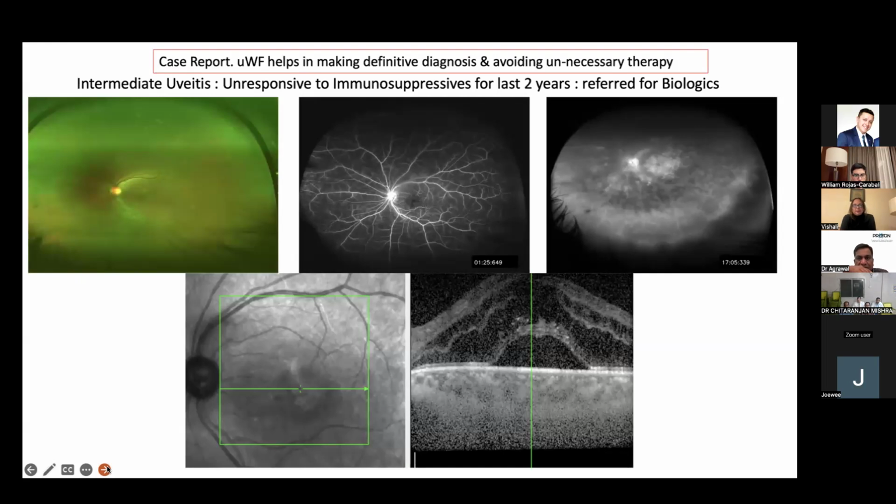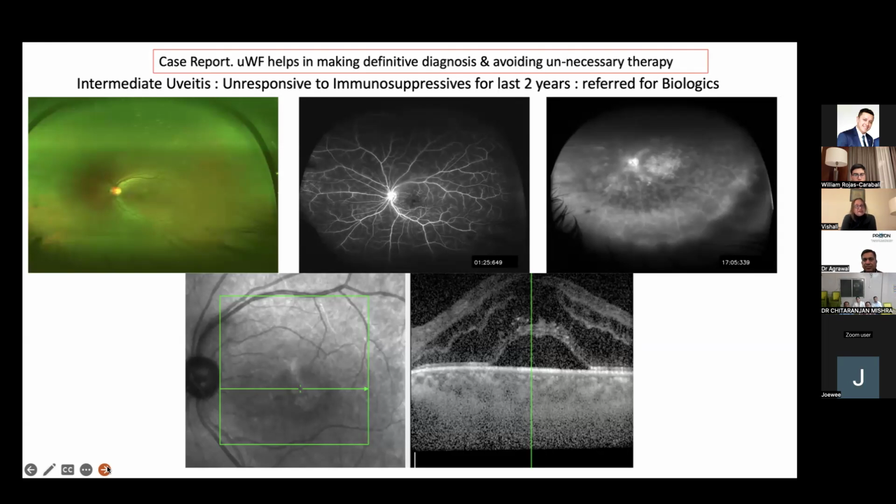which could save the patient from overtreatment. This is a case report where ultra-widefield imaging helped us in making the definitive diagnosis and avoiding unnecessary therapy. Now, this is a male, and I have shown it quite a few times, so maybe you have seen it earlier also. A patient of intermediate uveitis.